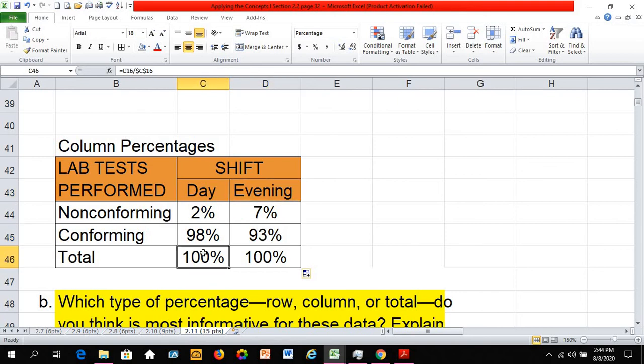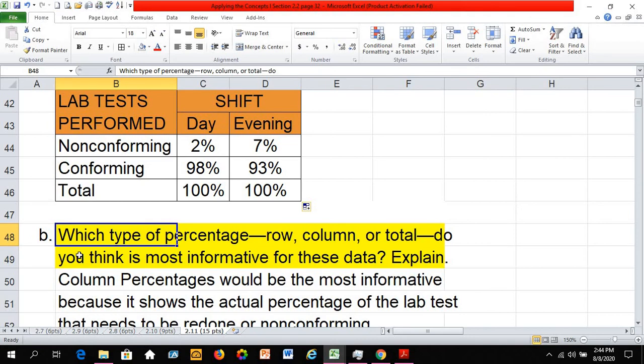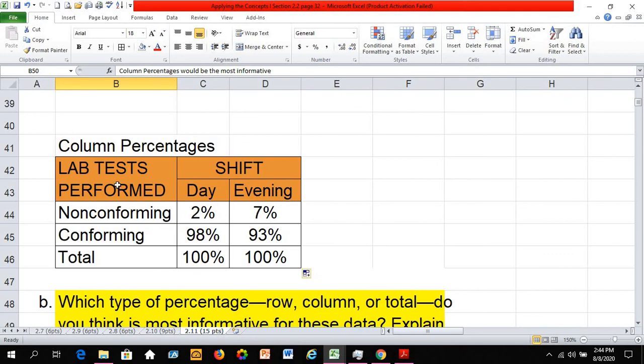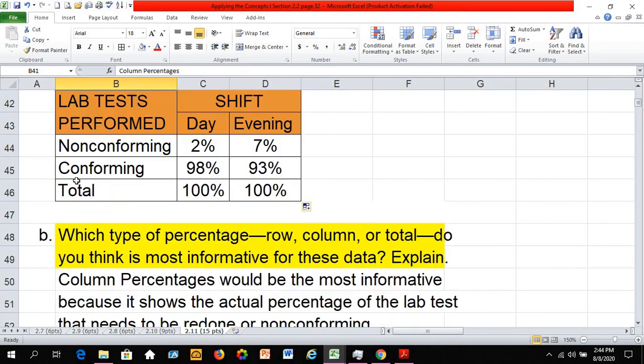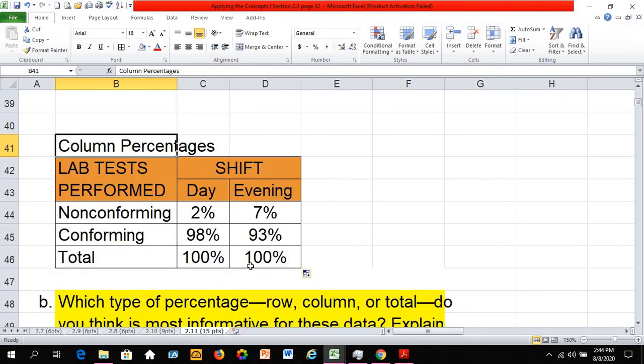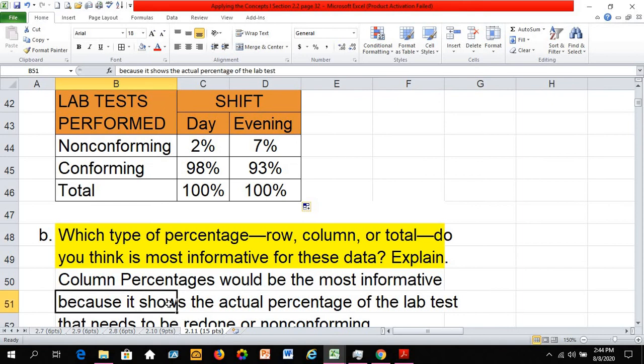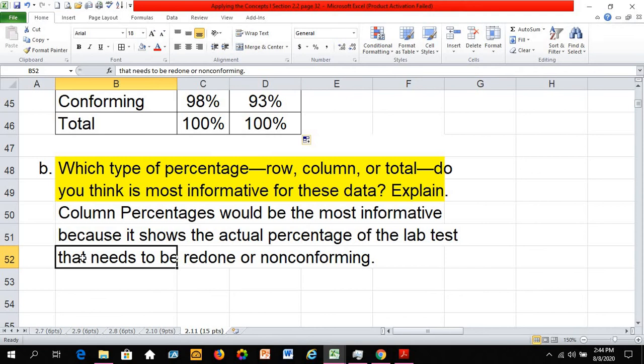Okay, so the next question, that's letter B. Which type of percentages, row, column, or total, do you think is the most informative of this data? In my understanding, this would be the most informative because it actually shows the actual percentages of lab tests that need to be redone.